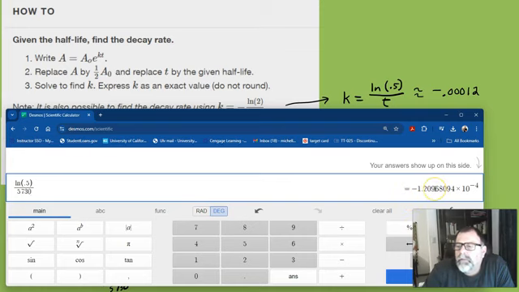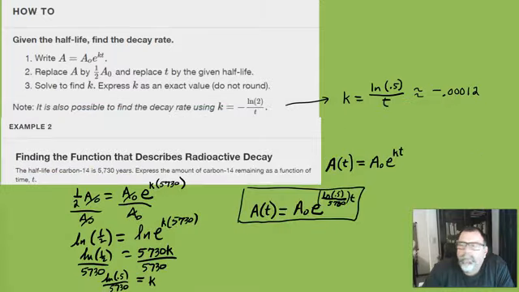So again, we could have saved some work here and just used this shortcut.